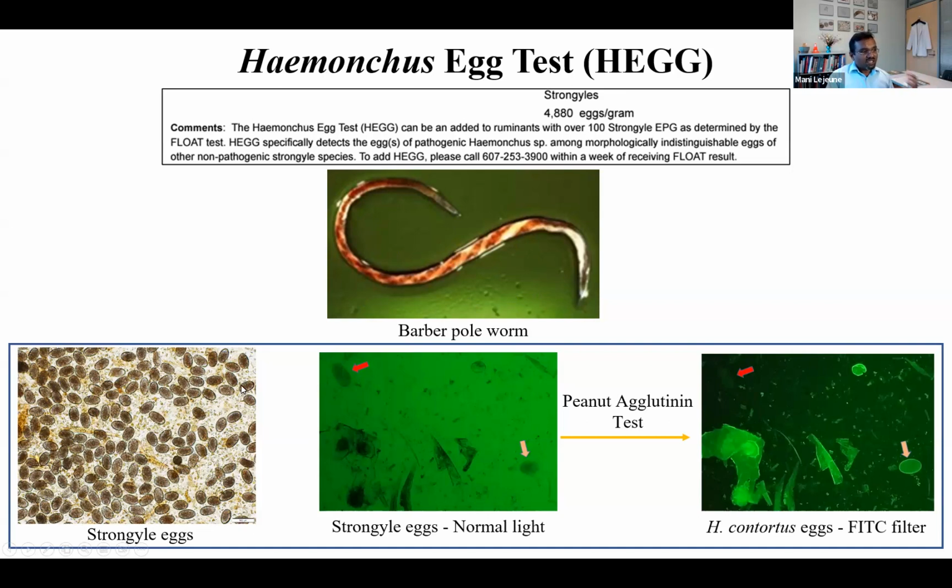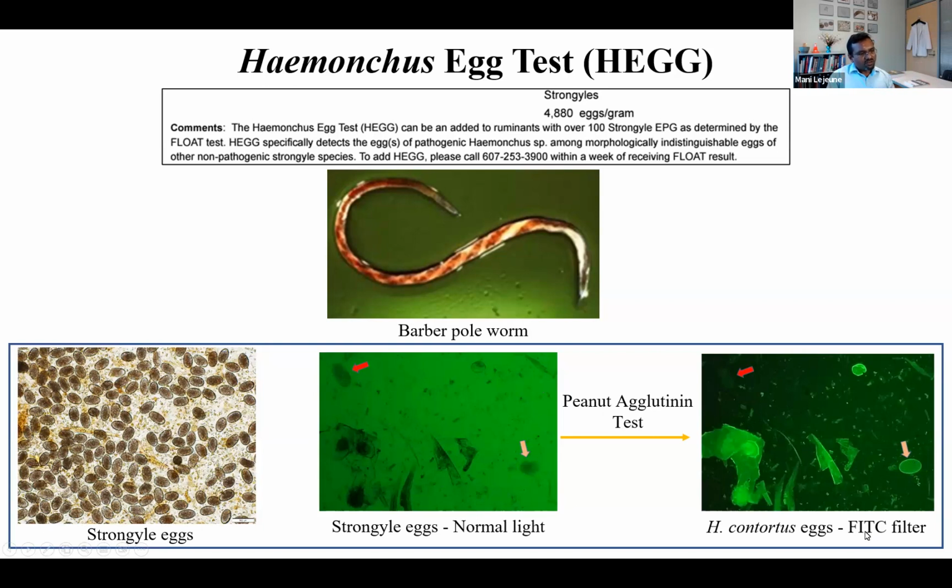If it is a mixed infection, it's really hard for us to differentiate the Haemonchus eggs from the other strongyle eggs. In the HEGG test, we stain the eggs with what is called peanut agglutinin, and this component attaches to the eggshell of Haemonchus specifically, but not to other strongyles. After staining, when you pass normal light under the fluorescent microscope, you see one egg here, another egg here, and they are not fluorescing.